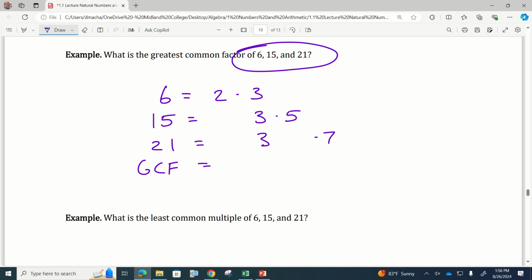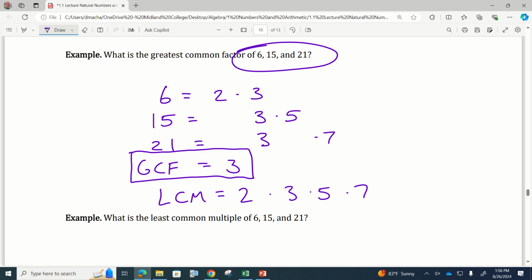The smallest exponent on 2 is 0, because it's missing in some of these. The smallest exponent on 3 is just 1. The smallest exponent on 5 is 0, and the smallest exponent on 7 is also 0. So the greatest common factor here is just going to be 3. For the least common multiple, I'm looking for the greatest exponent on each one, which is just 1 all the way down.